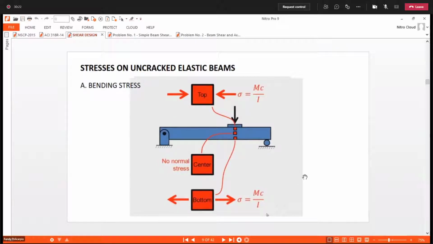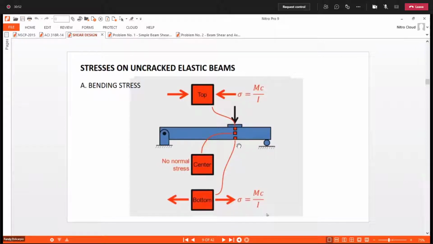the other stresses developed in our beam if it is subjected to a load. For this given beam, it is subjected to a vertical load. So our beam, when there is a load like this, will bend.